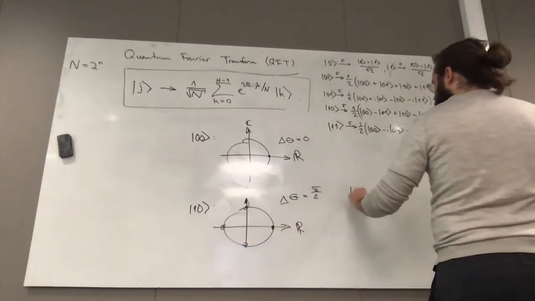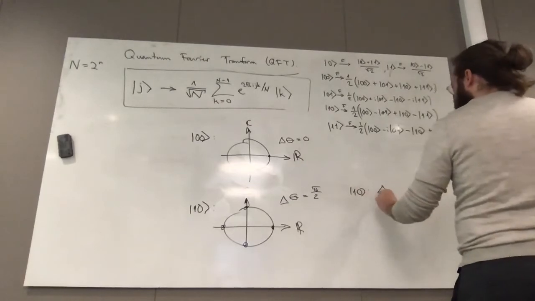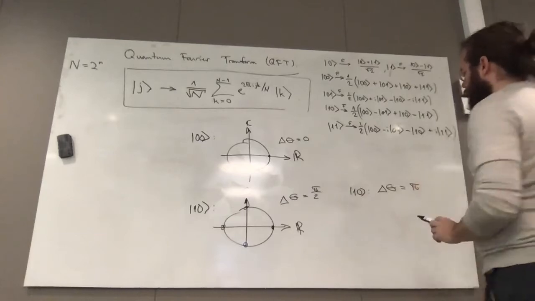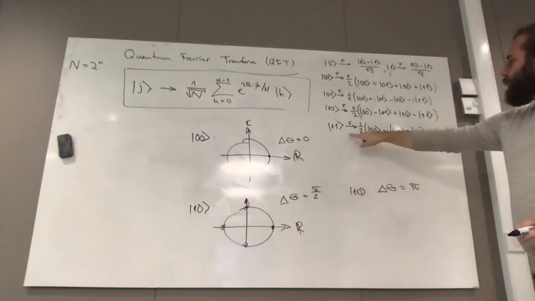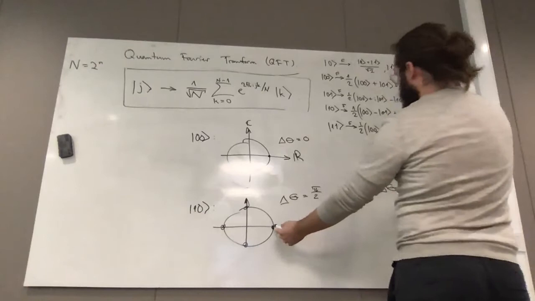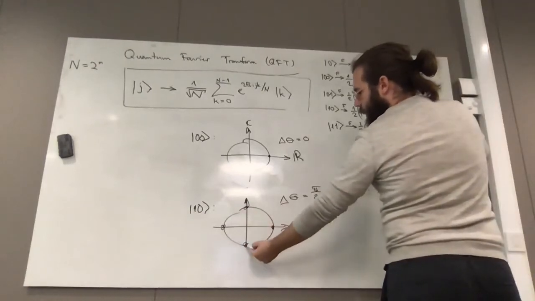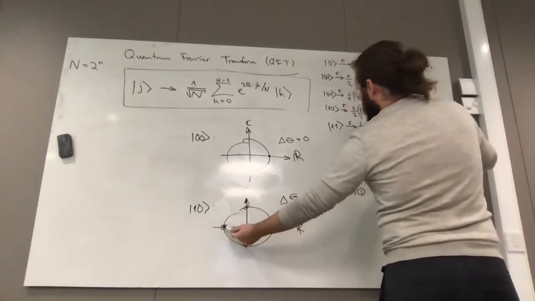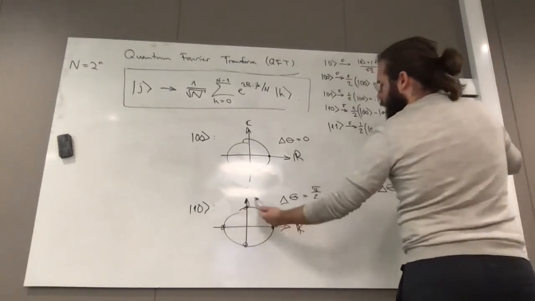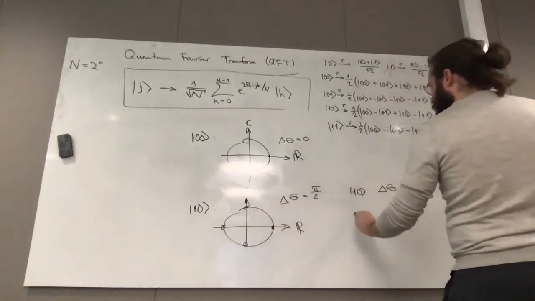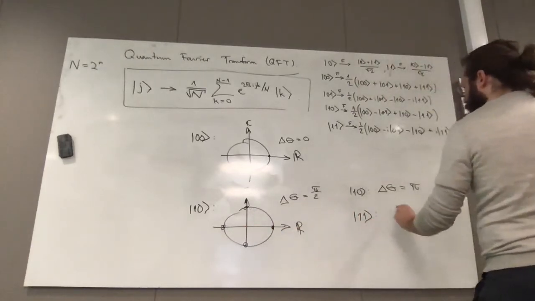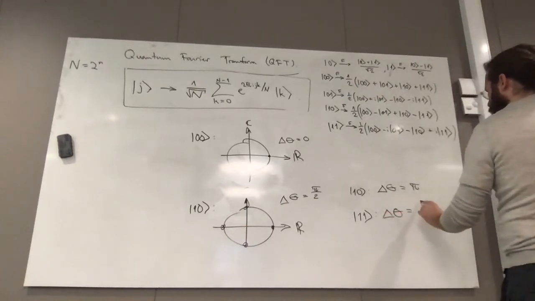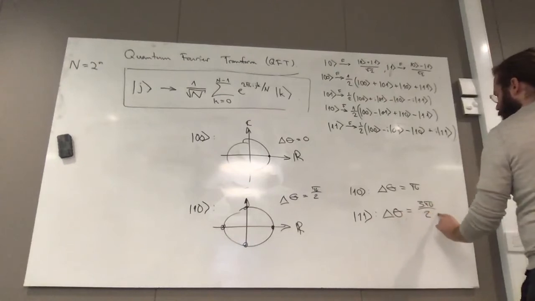So for the 1,0 state, I would say that delta theta is equal to pi. And for this one, finally, you start here again, and then you go all the way around till you reach the minus i point, and then all the way around till you reach the minus 1 point, and then all the way around till you reach the i point. So in this case, you're going 3/4 around the circle, which translates to 3 pi over 2.